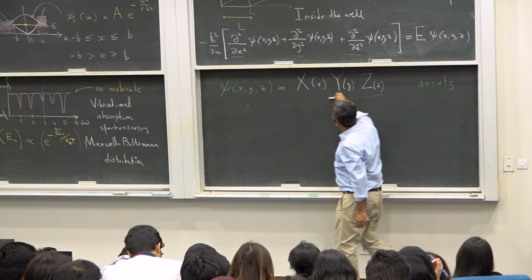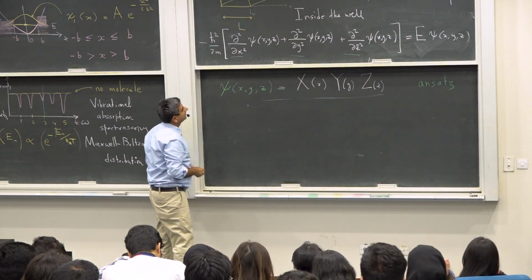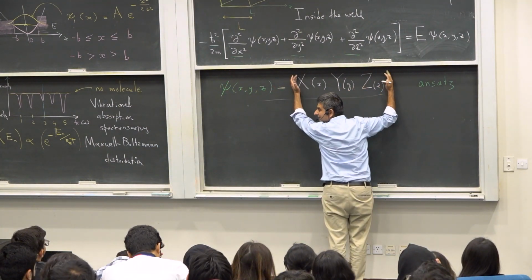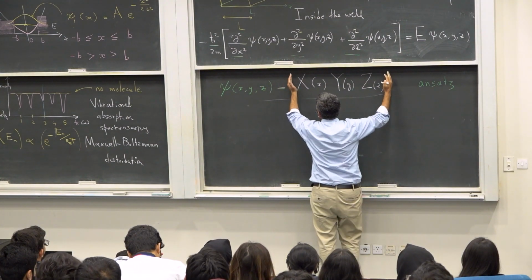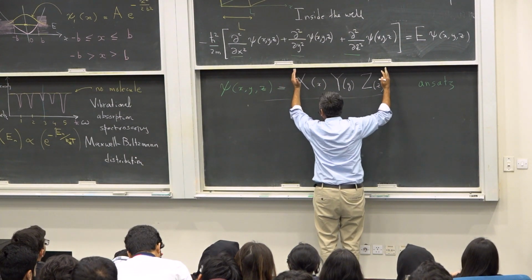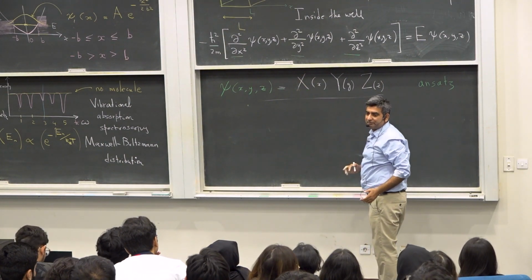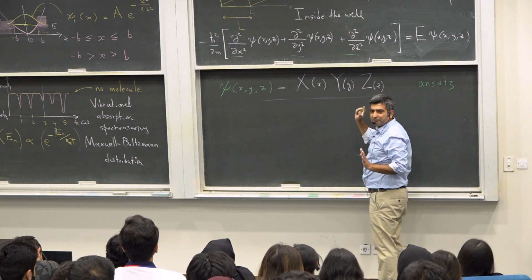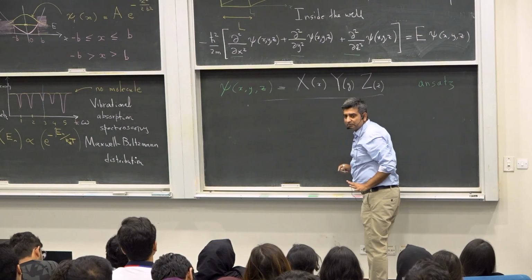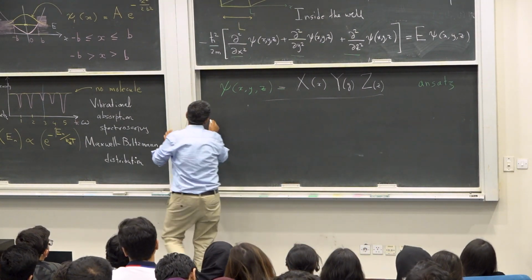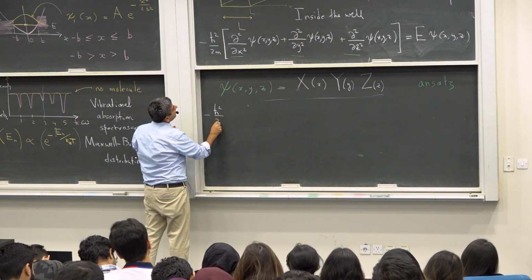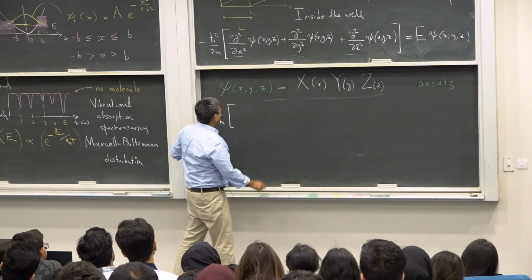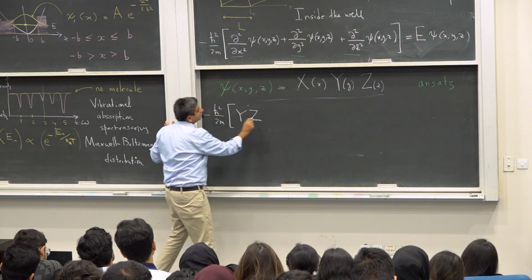Now we put this into this equation over here. When I take the derivative with respect to x of the entire thing, the first term is the double derivative with respect to x of the entire thing. For purposes of the double derivative, can I treat y and z as a constant? Yes. Likewise for the other two terms. Therefore, minus h bar square over 2m, the y and the z parts are treated as constants.